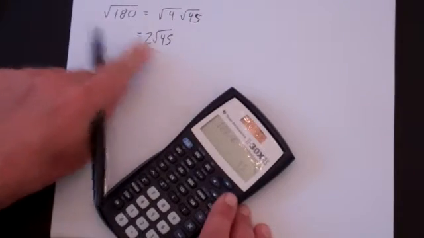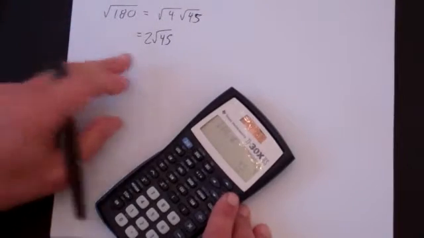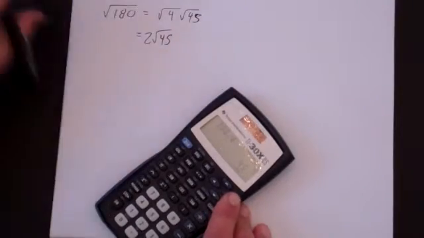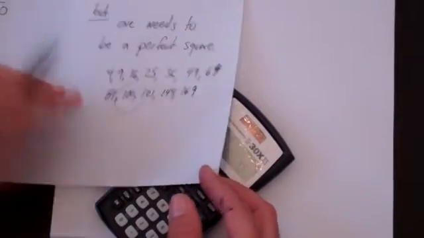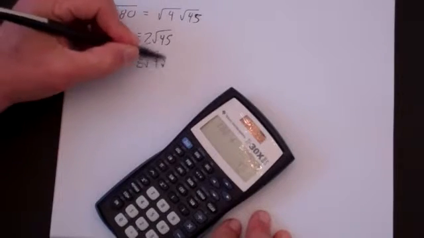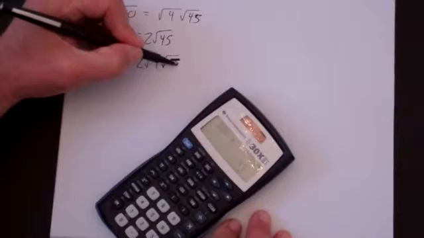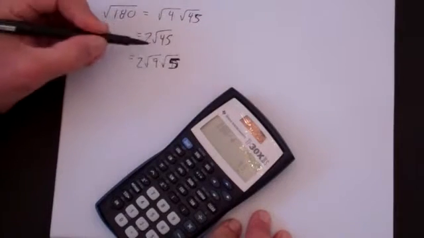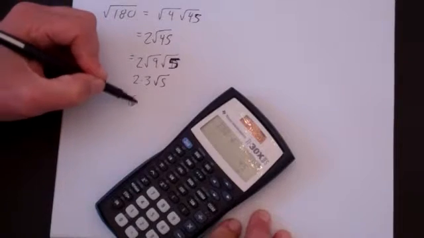Now, that's not a wrong answer, but if the question is simplify, that's not simplified. Is there any perfect square that goes into 45? Let's look at our perfect squares: 4, 9, 16, well, 9. 9 and 5. So that's 2 square root of 9, square root of 5. Square root of 9 is 3, so that's 2 times 3 root 5, or 6 root 5.